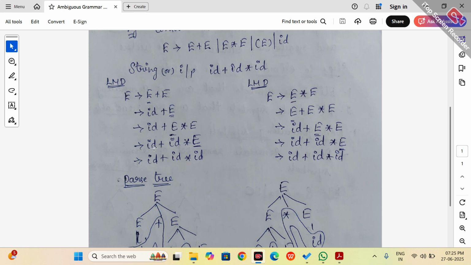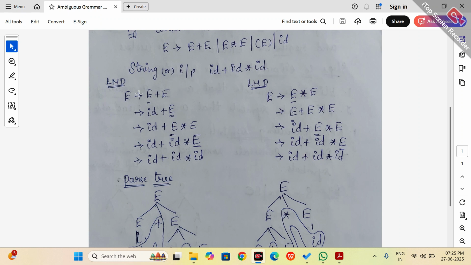Similarly, you can choose any other production. Here in the first derivation we chose E plus E, but in this one we choose E asterisk E. We are solving this with the help of leftmost derivation only.